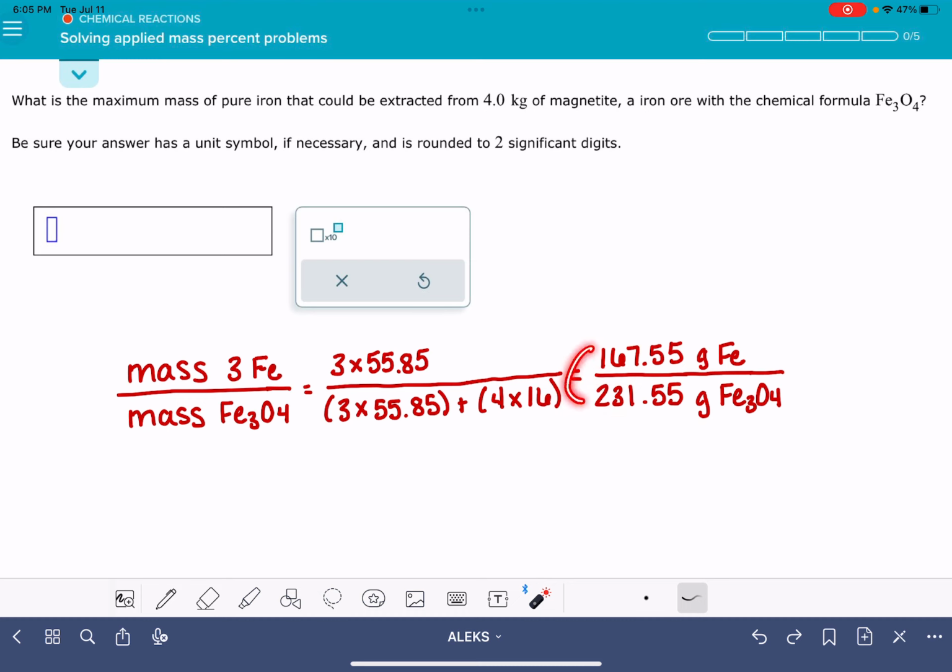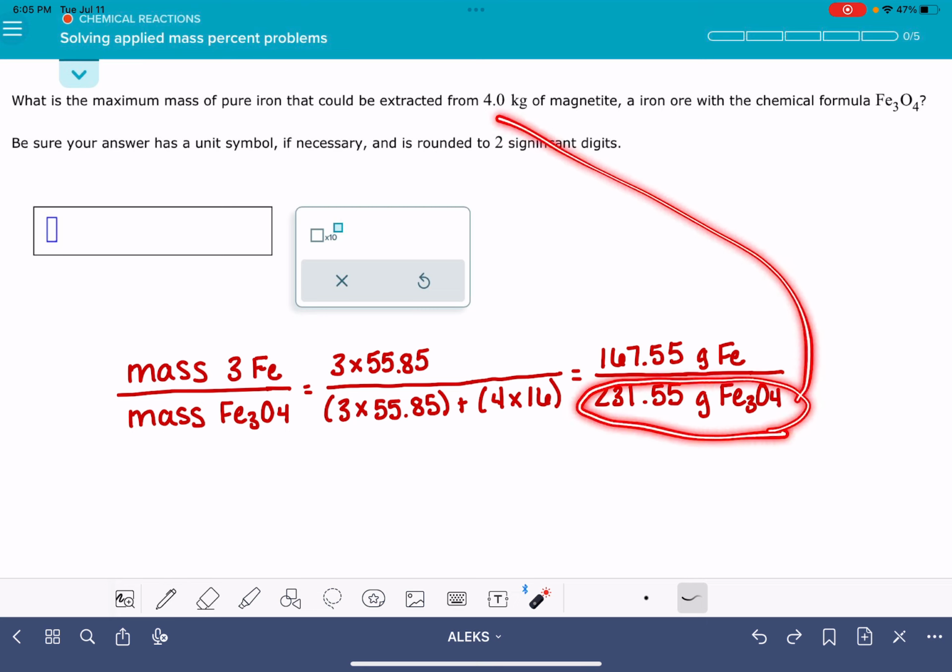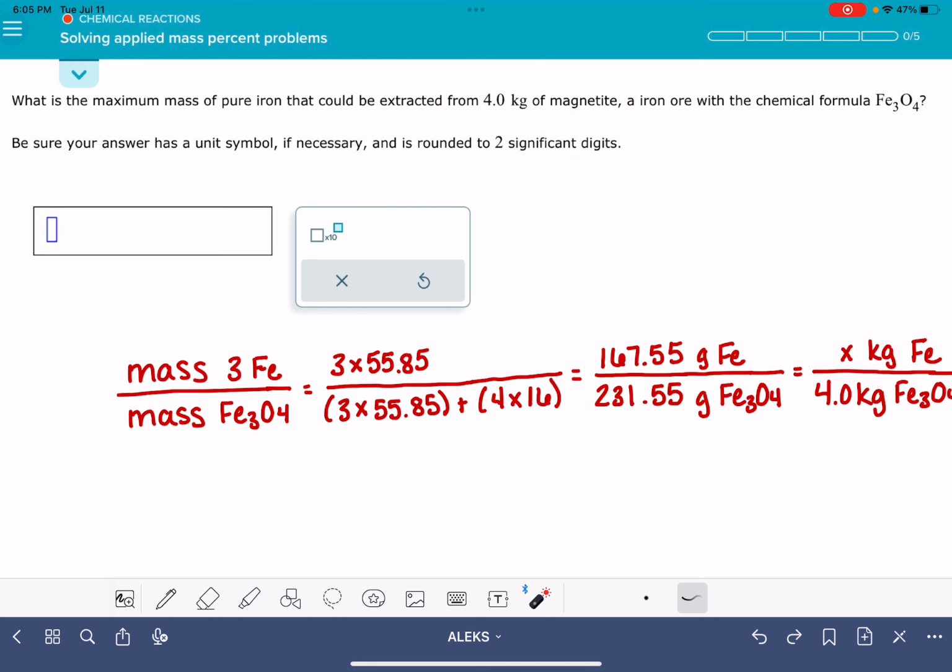Now again, as I said, this ratio is a constant. The mass of the iron per total mass of the compound is constant no matter how much of this compound we have. So what we can do is take this relative ratio and set it equal to any mass that we want, which is what I've done here.